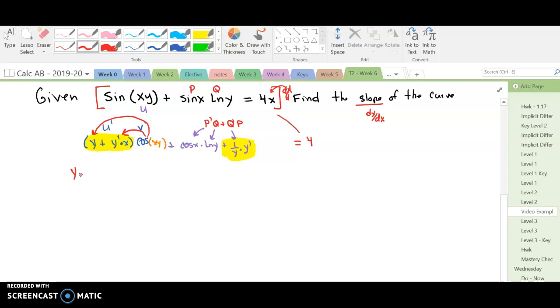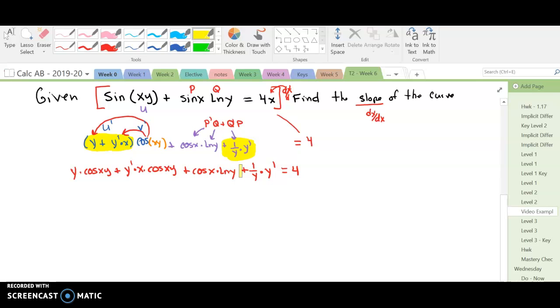So I really have y times cosine of xy plus y prime times x times cosine of xy plus cosine of x times ln of y plus that 1 over y times y prime equals 4.